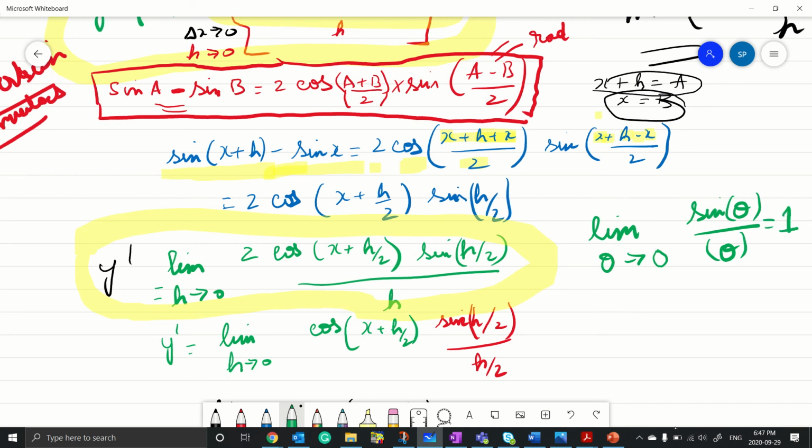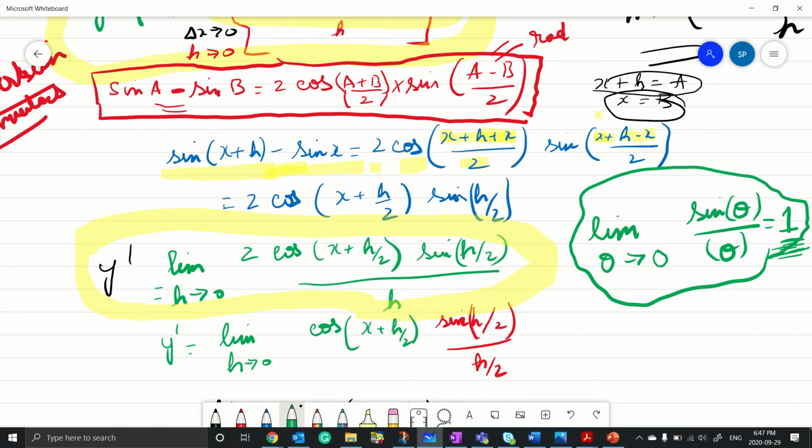Even though it seems to be 0, if you directly supply 0, sine 0 by 0, you'll get 0 by 0. Even though it seems to be 0, it is not 0, it is 1. This is one of the limits that has been solved. Probably in one of the classes I would show how we get this, but for today you have to just remember this limit: limit theta tends to 0, sine theta by theta is equal to 1.